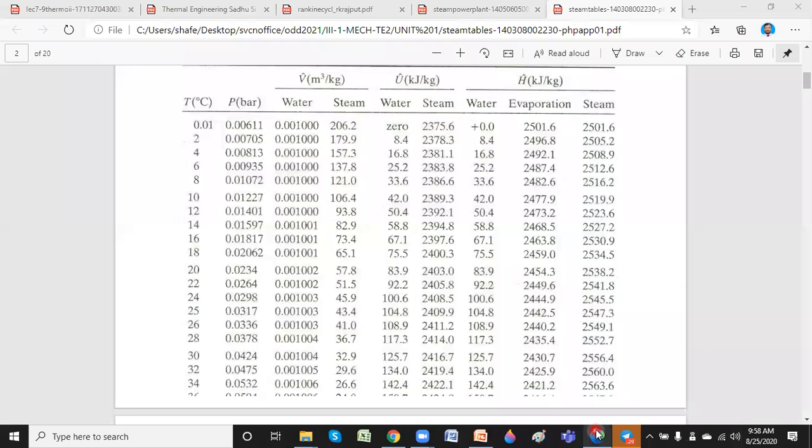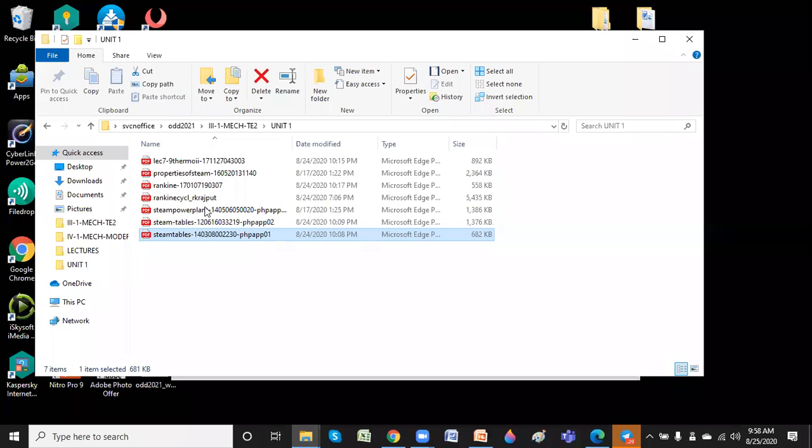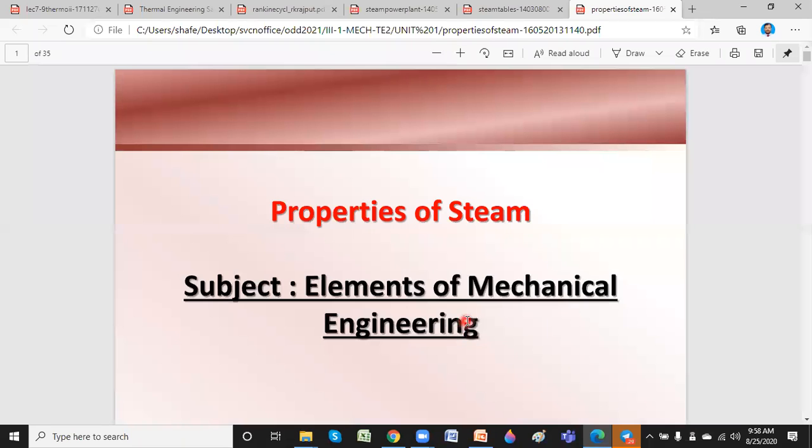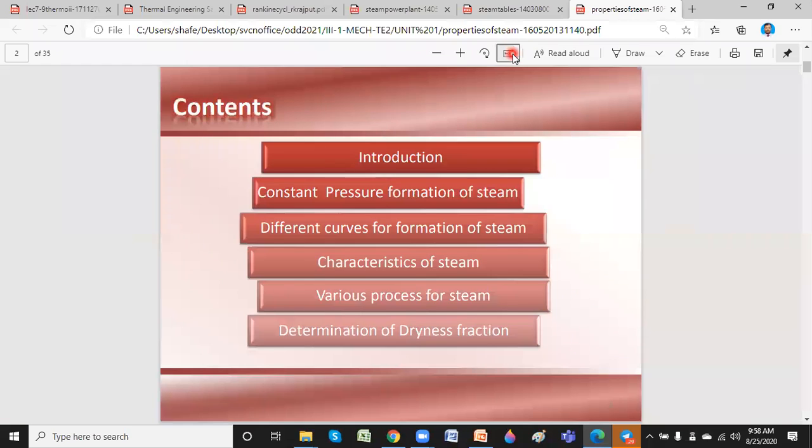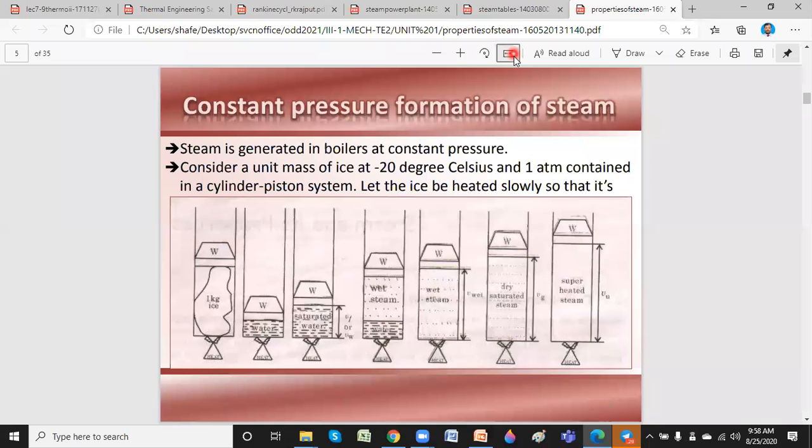Hope you understood how you can read the steam tables, right? Now I'll take one more presentation here, because all the things are... no, this is what we already discussed.